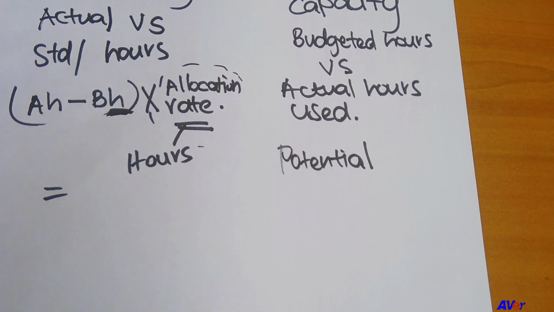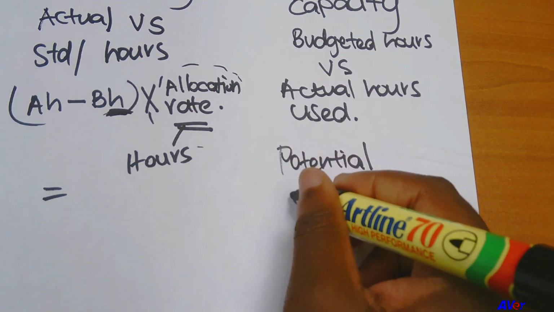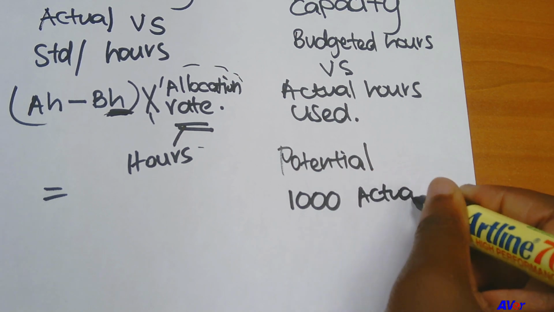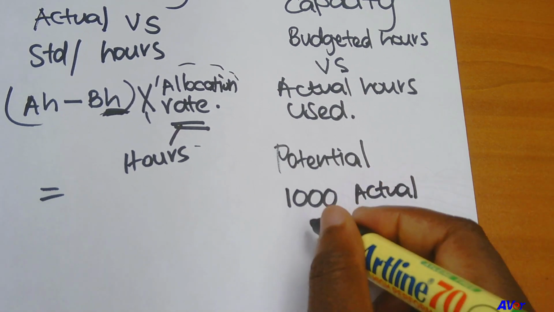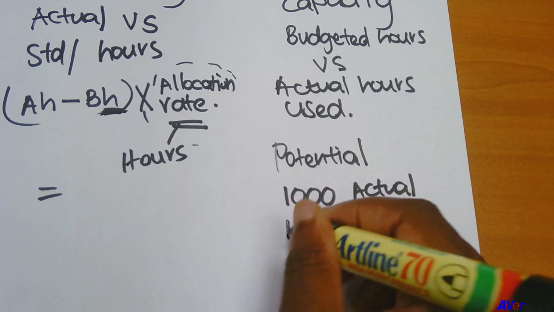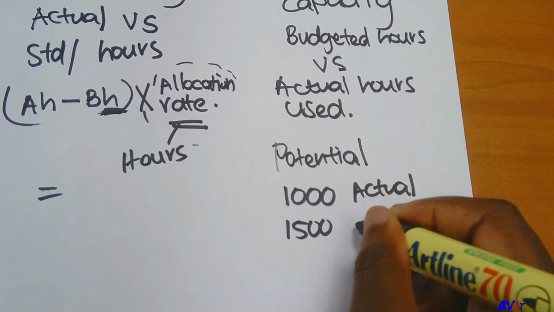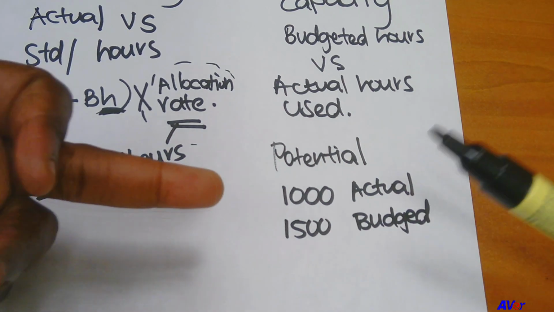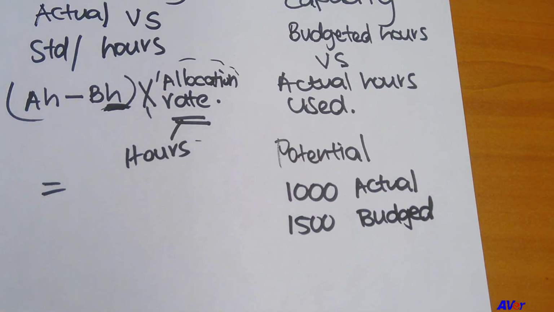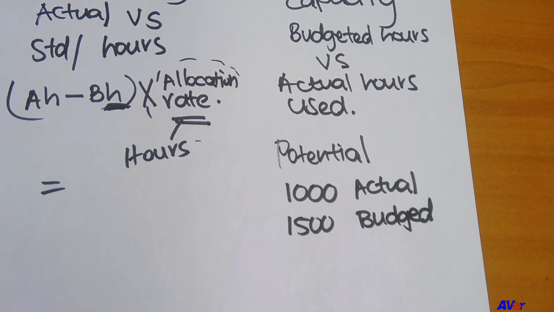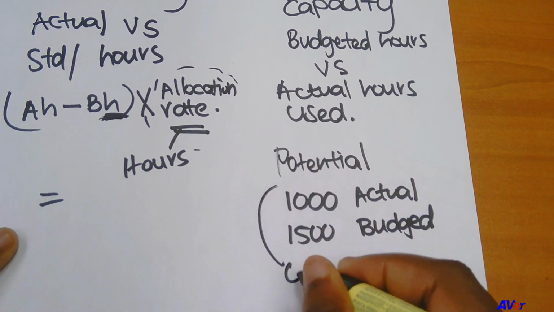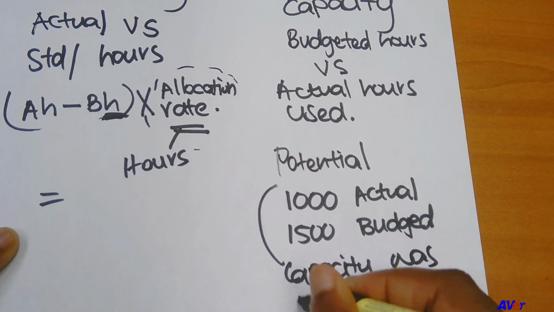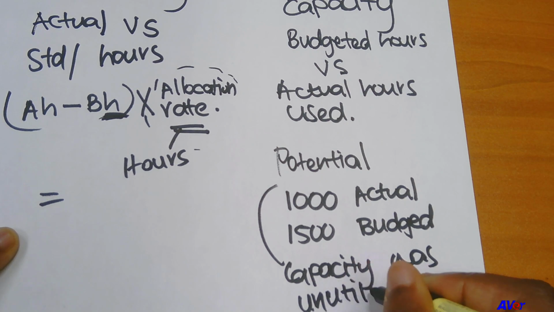I'll give an example. If I used 1,000 hours actual in production, but I budgeted to use, let's say, 1,500. So if I use 1,000 hours actually, but I budgeted to use 1,500 hours, it means my capacity was unutilized.